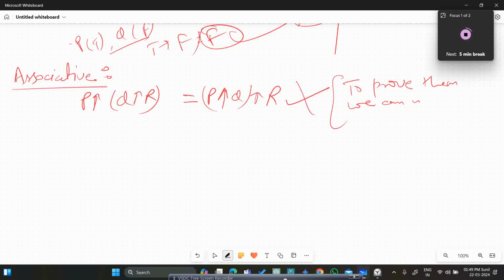We can use Boolean algebra and truth tables to prove them easily.